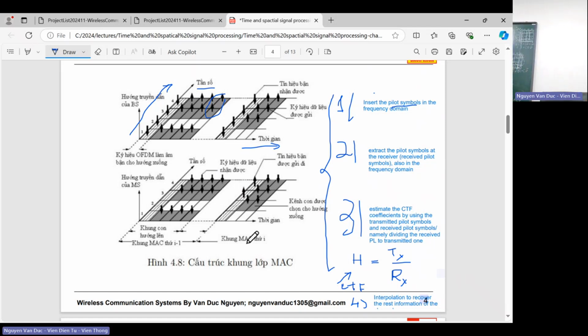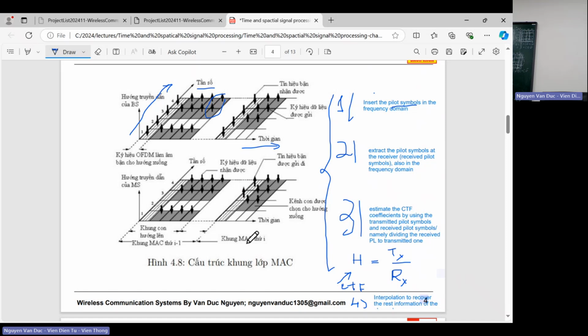So please draw the big picture. Yeah. Actually, not the power, not the amplitude. It's a signal, a received signal. No power, no amplitude.